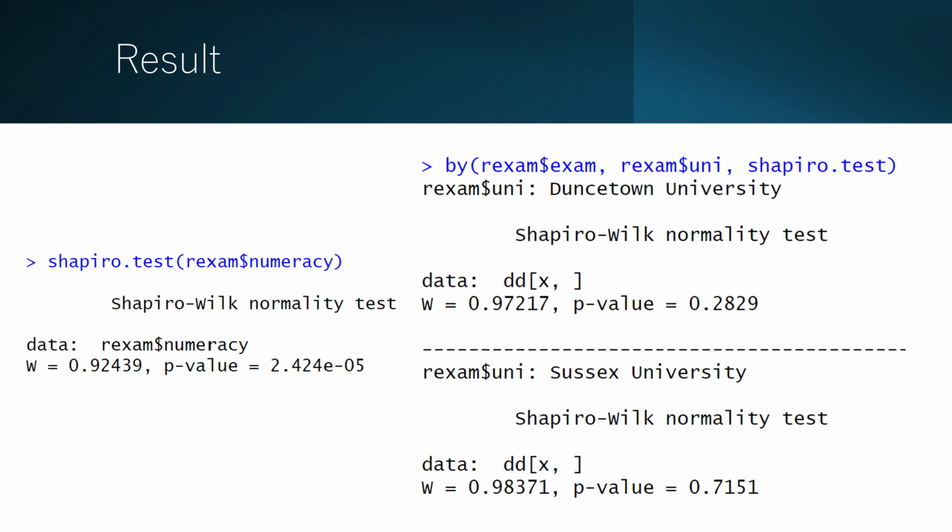The normality test result is here. So we can say normality is not violated. We cannot deny the possibility of normality.